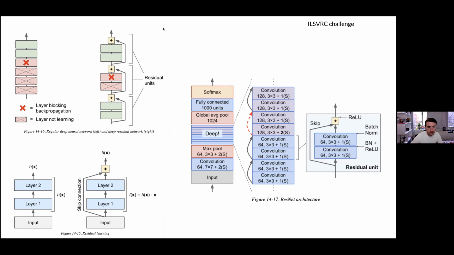So to solve that, the concept of residual units, or residual learning, is introduced, where you allow the input to be added to your output. So you pass your input through multiple layers, as well as the input of previous layers to the output. So you have these skip connections.